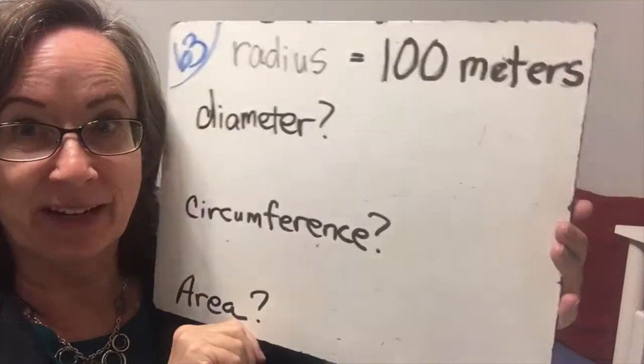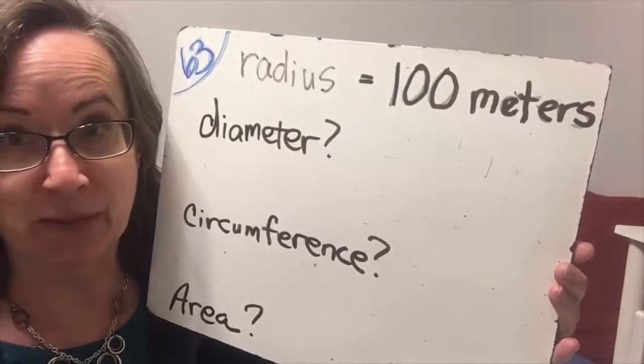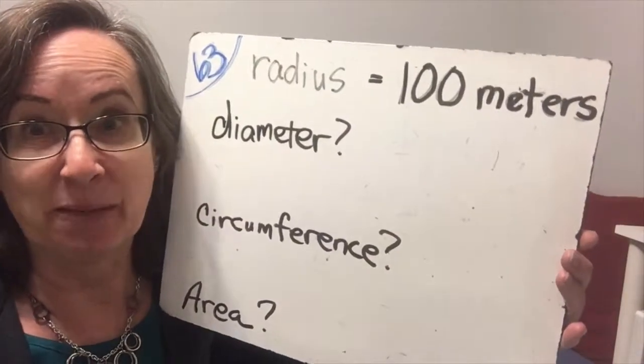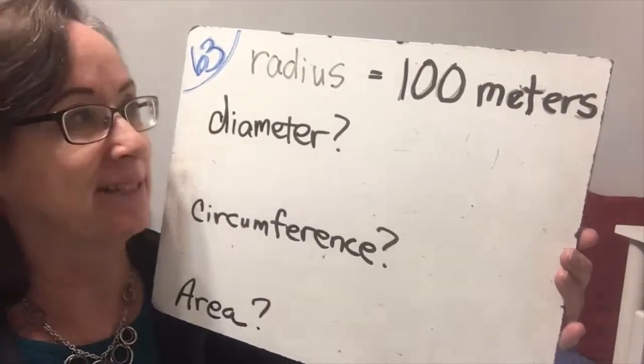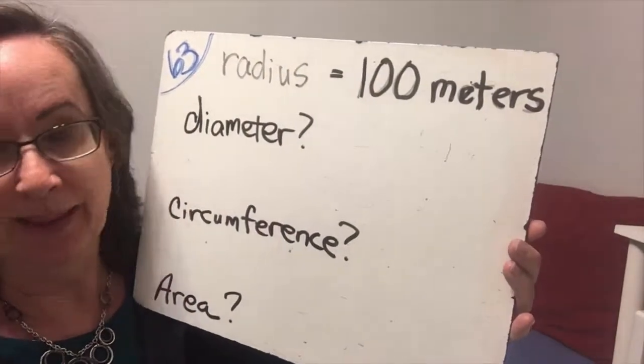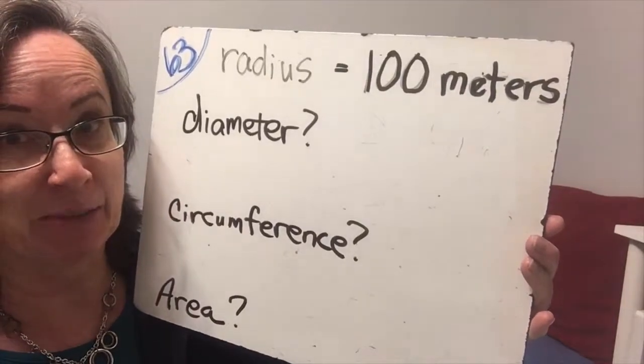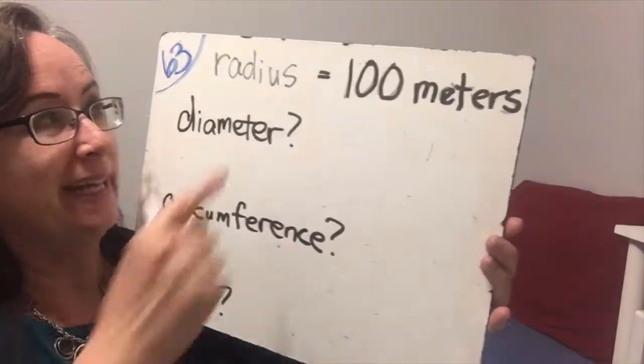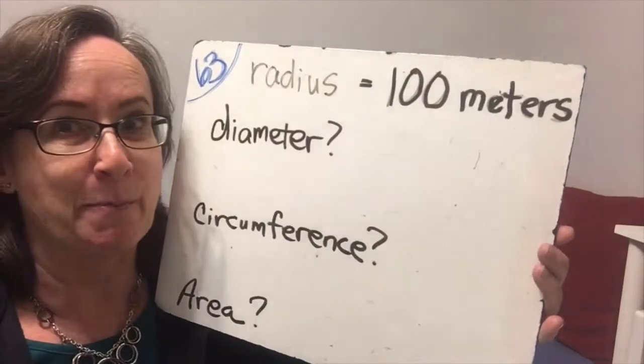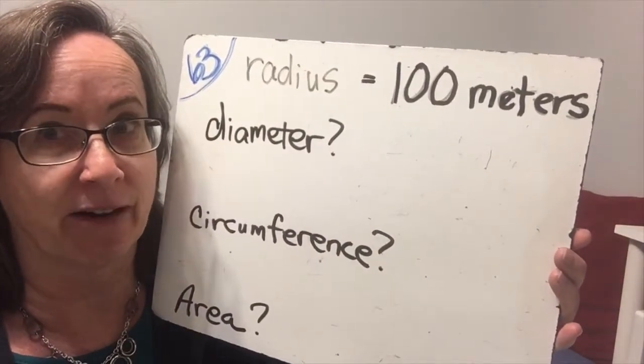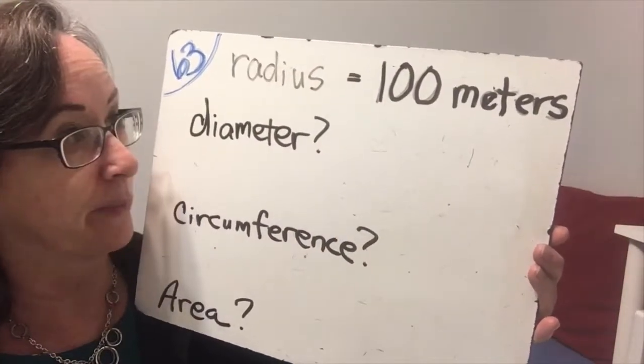Oh, they gave us a very easy practice problem because we have a radius that is a multiple or a power of 10. So that's going to be very easy for the calculation purposes, isn't it? So our radius is 100 meters. This is a very, very large circle, okay?